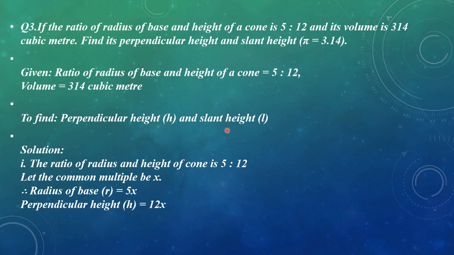We will do the solution. The ratio of radius and height of the cone is 5:12. Let the common multiple be x. Therefore, the radius of base r is equal to 5x and perpendicular height h is equal to 12x.